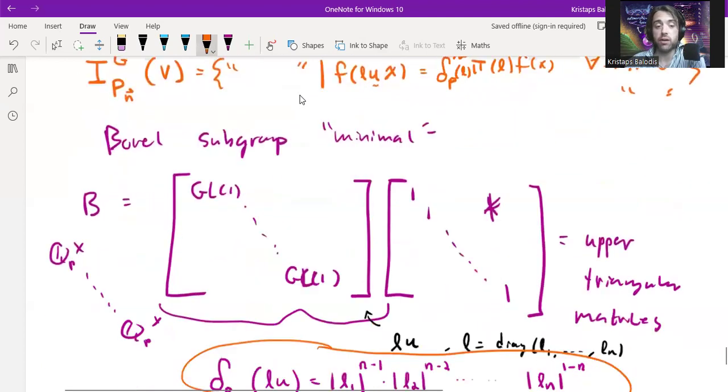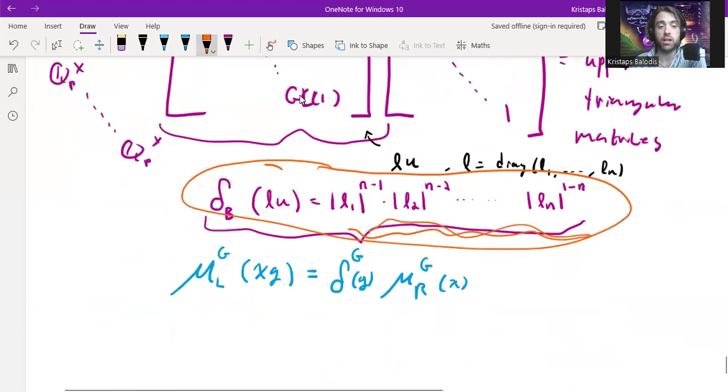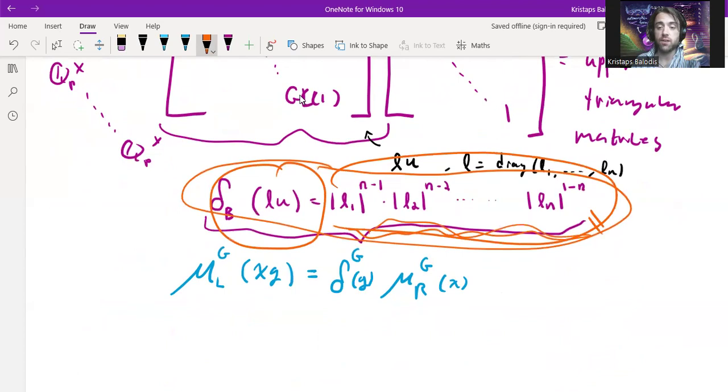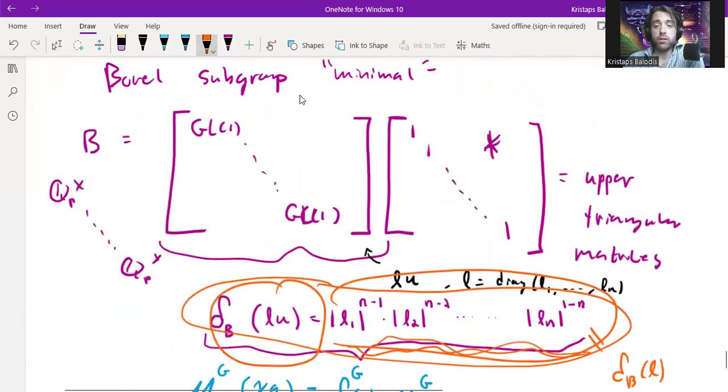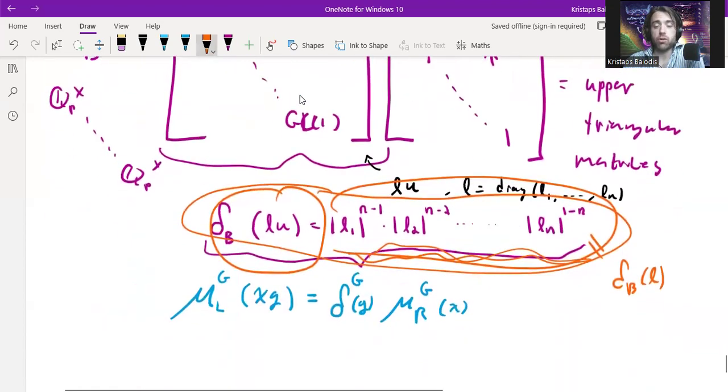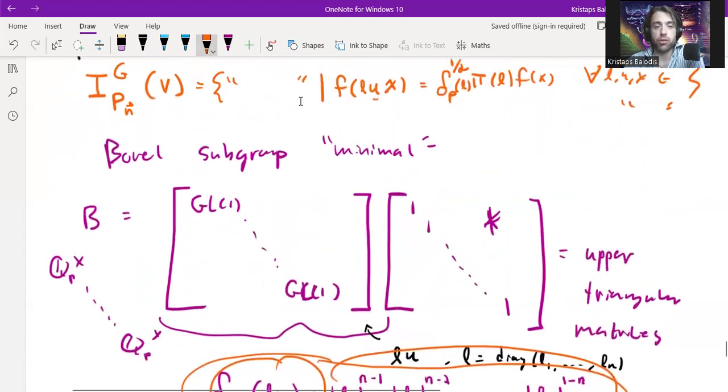Well, you could write LU, but, by definition, by the definition I've given you here, this is equal to delta B at L. And the point of this, so I mentioned below that this is related to integrals and measure theory.